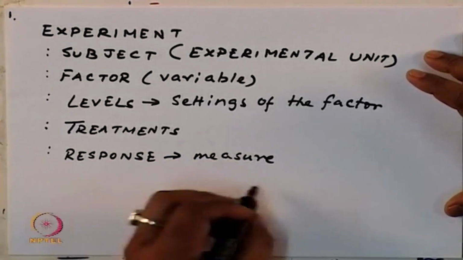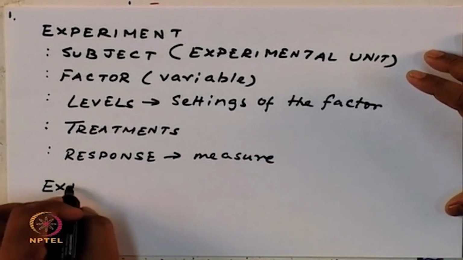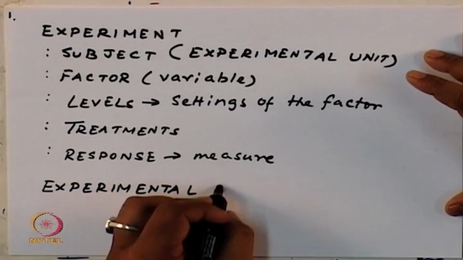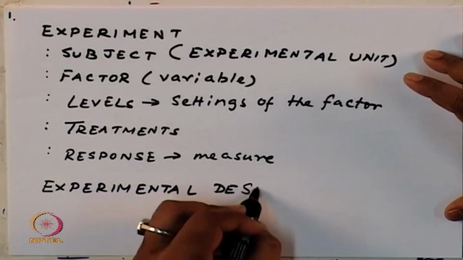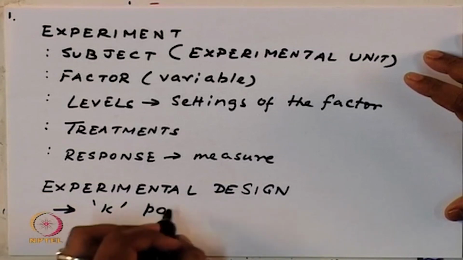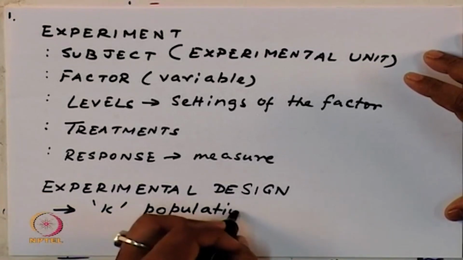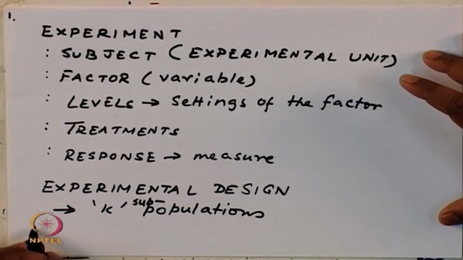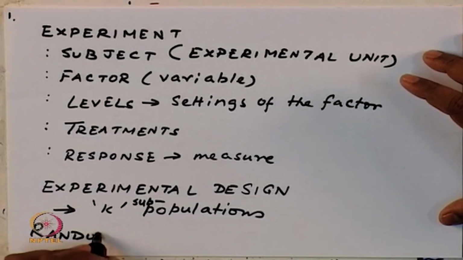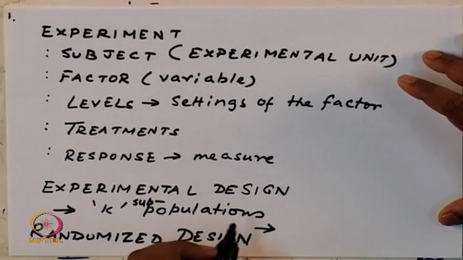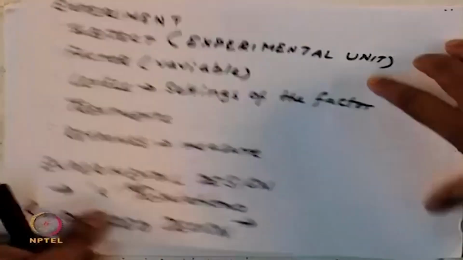Okay. So, in experimental design, there are various ways of doing it. So, imagine you have k populations or k subpopulations, okay, k subpopulations. Okay. For a randomized design, okay, you choose random samples. Okay, so let me write it in the next page.